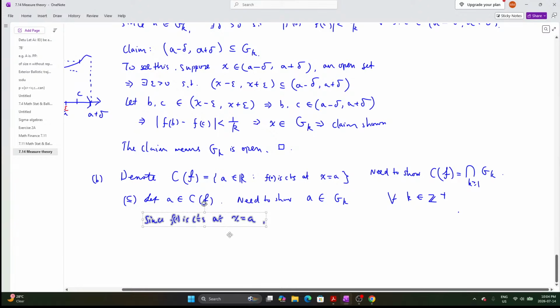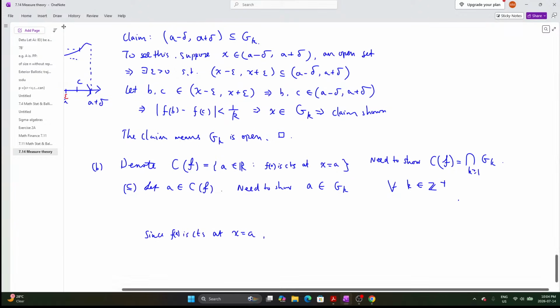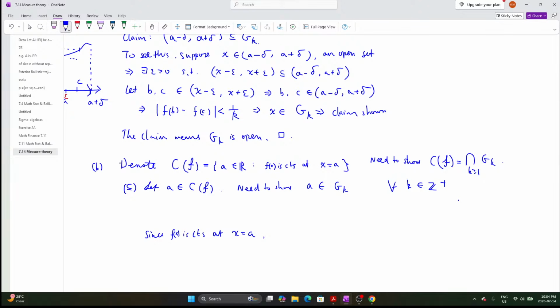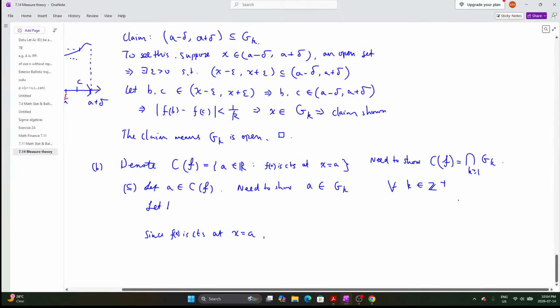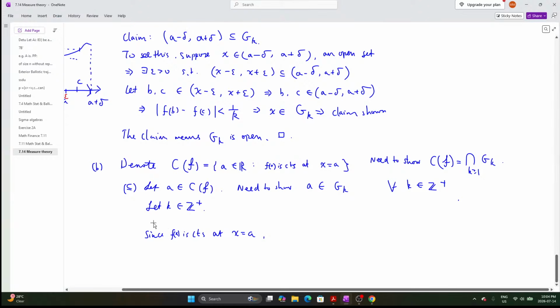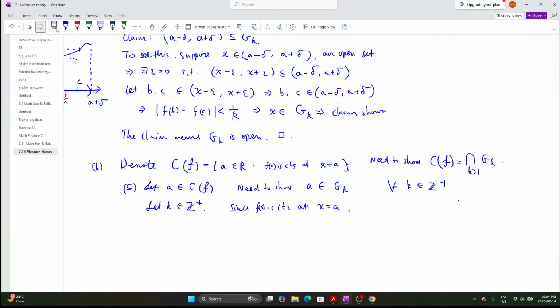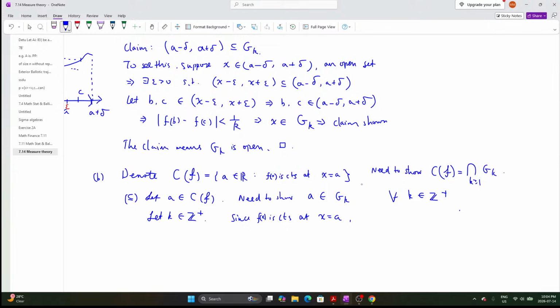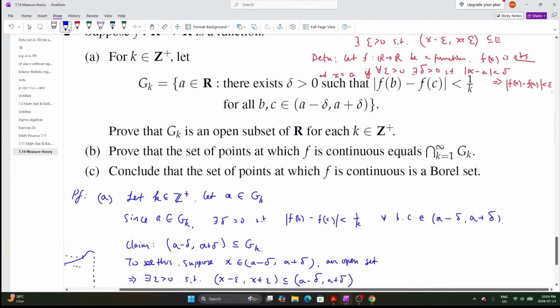So we start from let k in Z plus. Next sentence should be, for let k in Z plus, since f of x is continuous at x equals a, let's try to apply the definition of continuity. Basically we're picking the epsilon to be 1 over k. This is an obvious choice.